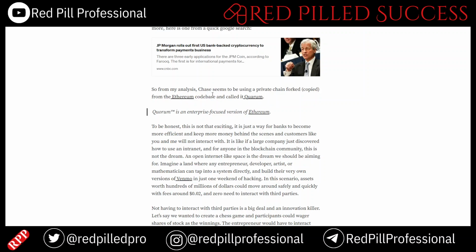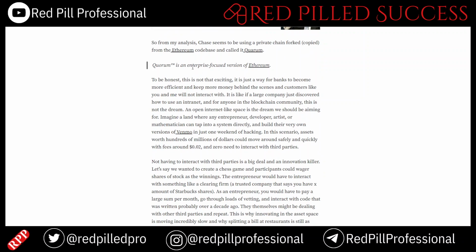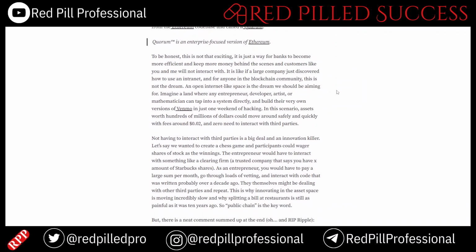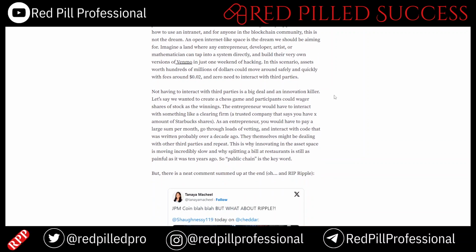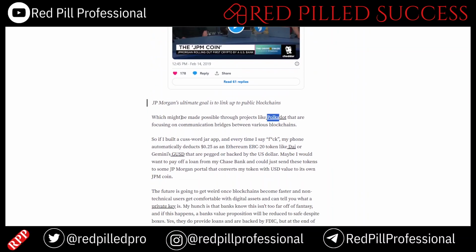So essentially, Chase seems to be using a private chain forked from the Ethereum codebase and called it Quorum, which is an enterprise version of Ethereum.